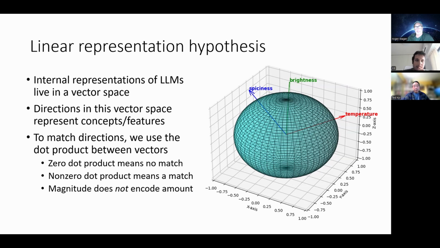And any vector that's orthogonal to northeast would represent the absence of hot. But there is no real strong way in this linear representation hypothesis to have a good sense of cold to warm to hot degrees of a concept. It's more of a binary switch, where if you match the concept, it's a yes, and if you don't match the concept, it's a no.